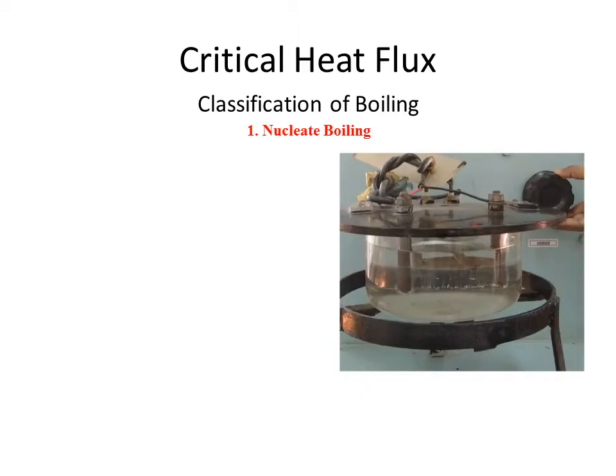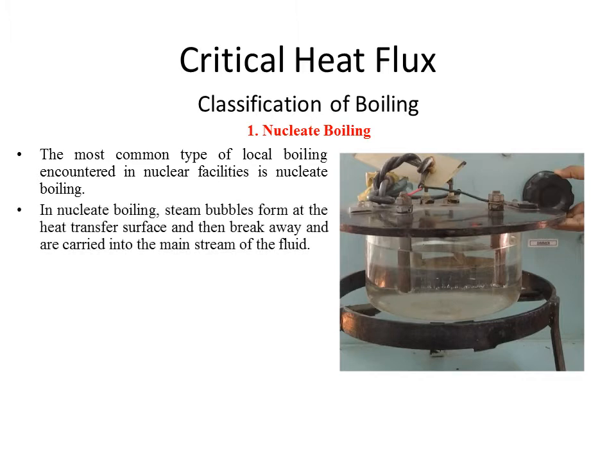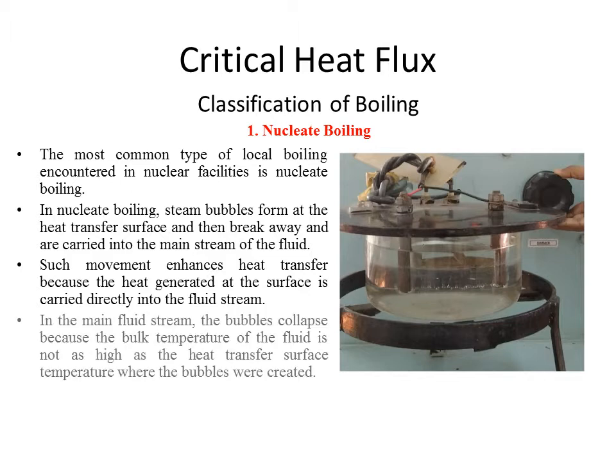Classification of boiling. First one, nucleate boiling. The most common type of local boiling encountered in nuclear facilities is nucleate boiling. In nucleate boiling, steam bubbles form at the heat transfer surface and then break away and are carried into the mainstream of the fluid. Such movement enhances heat transfer because the heat generated at the surface is carried directly into the fluid stream.